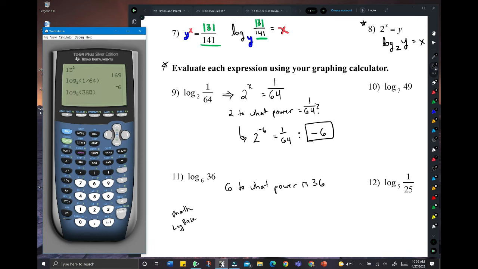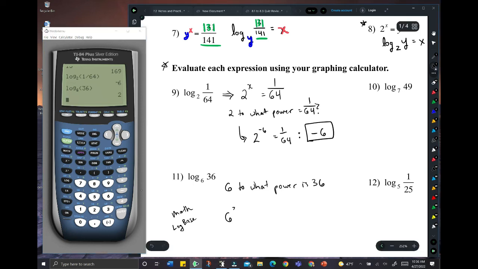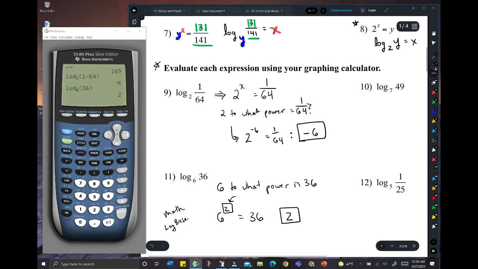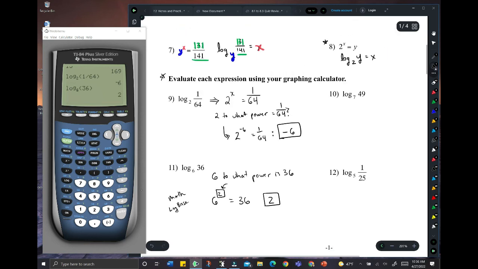You're going to put in the 6 and the 36, and it should be 2. Because 6 squared, that's what you're finding, equals 36. So we're finding an exponent. So 2 is the answer there.